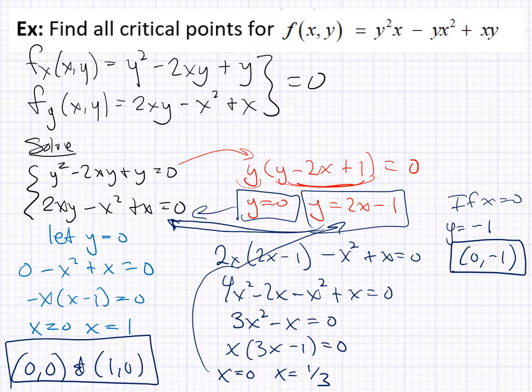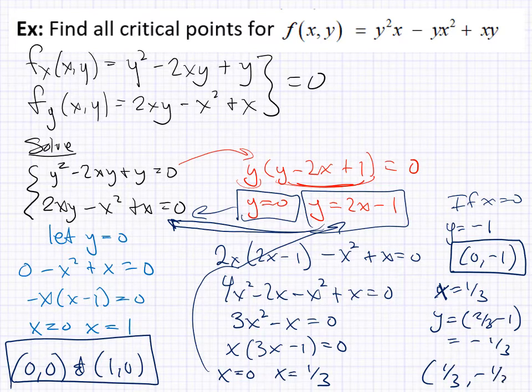And if I plug 1/3 in, I would get x equals 1/3. Then y would be 2/3 minus 1. So that would be negative 1/3. So 1/3, negative 1/3 would be my other critical point. So essentially what I have here are 4 critical points for this problem.